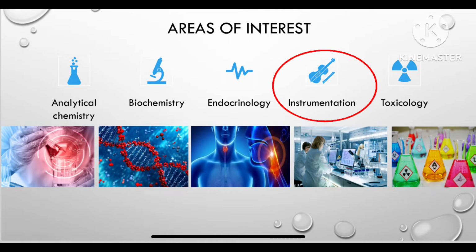Another area of interest for clinical chemistry would be instrumentation or automation. This is a collective term for measuring instruments, and it's used for indicating, measuring, and recording physical quantities. It is also a field of study about the art and science about making measurement instruments involving the related areas of automation, of course. The term has its origins in the art of science of scientific instrument making.